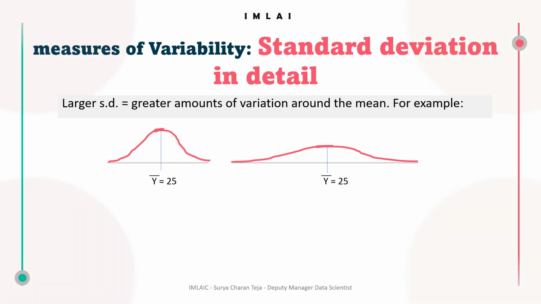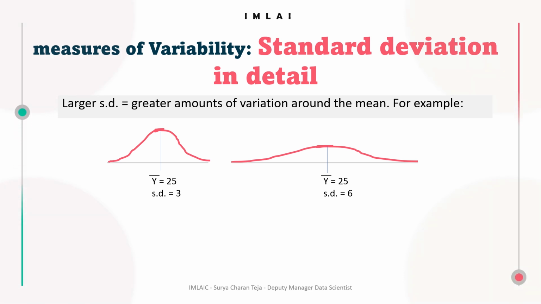Now, by looking at the shape and the range of the curve, you can tell that the first curve will have a lesser standard deviation and the second one will have a higher standard deviation. The standard deviation of the first curve, class A's distribution, is 3 and the second one is 6.